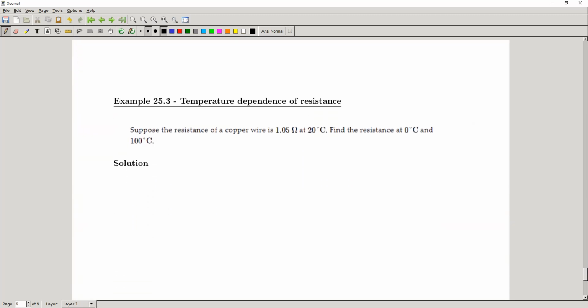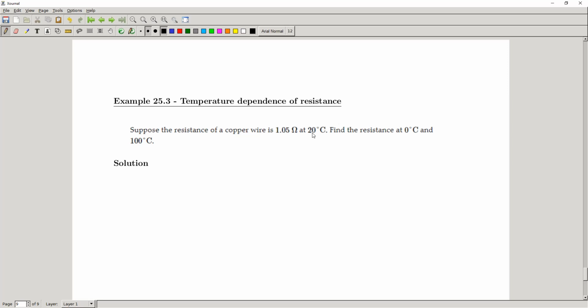Now in example 25.3, of section 25.3, we're going to be looking at the temperature dependence of resistance. So we're going to start off by supposing that we have a copper wire with a resistance shown here at 20 degrees Celsius, and we want to find the resistance at 0 degrees Celsius and at 100 degrees Celsius.